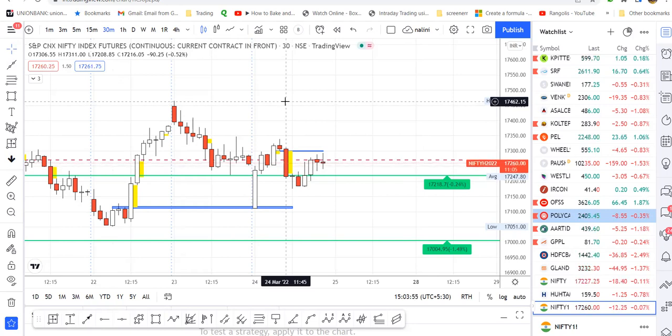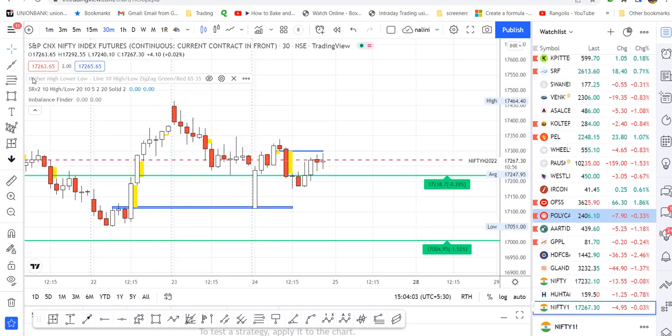Otherwise, with the help of this indicator, which some person has coded on TradingView, it automatically marks the imbalances. So I was able to see this yellow area.